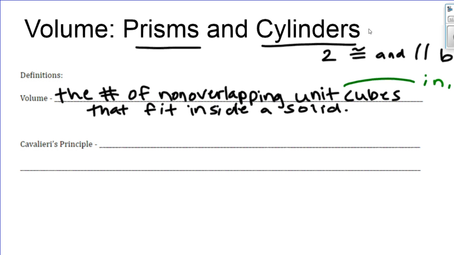Okay, and this guy, Cavalieri, he had kind of this idea or thought and put it to a test, and he ended up getting this Cavalieri's principle out of it.